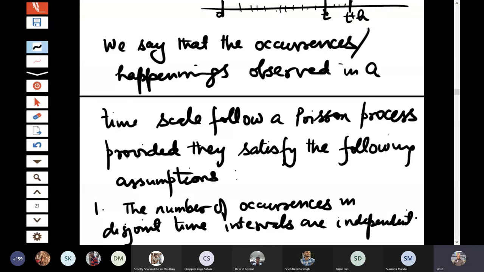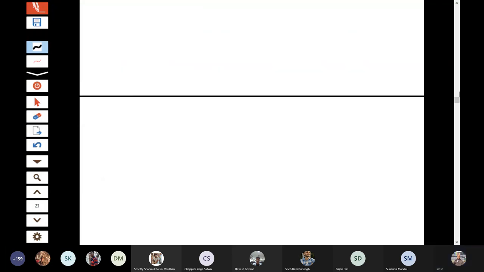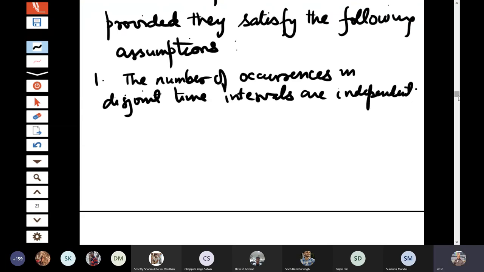For example, if there is an accident today in a particular town, then it is independent of whether there will be another accident tomorrow in the same place. If we are looking at the events occurring over area, then whether there is an accident in a city of say Kanpur, and whether there is an accident in a city of say Nagpur, they are independent.